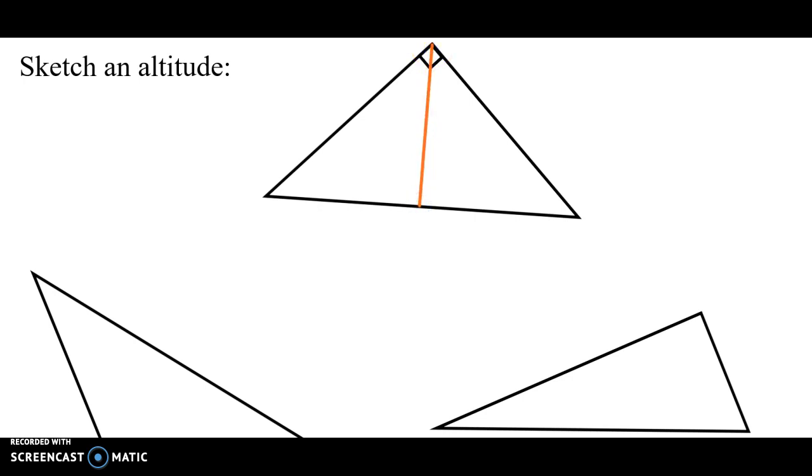Now, in this case, if it was an isosceles triangle, then that would be another midpoint. But we don't necessarily know. But yeah, it would be straight down the middle, and the altitude is always perpendicular, kind of like a perpendicular bisector. In fact, in this case, it is a perpendicular bisector, right? So sometimes the altitude can be a perpendicular bisector. Not always, but it can be. So hopefully you drew that on your triangle.